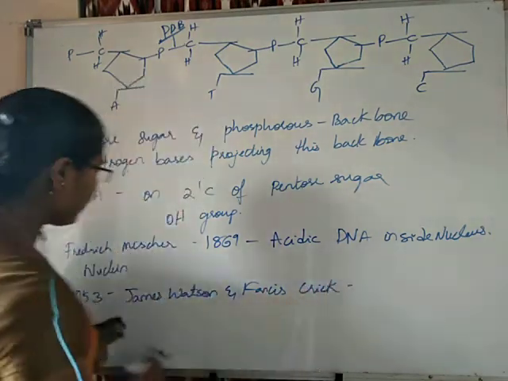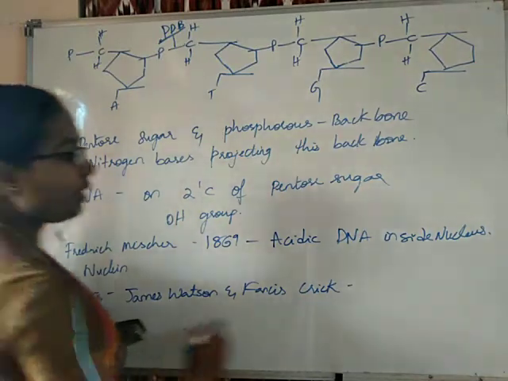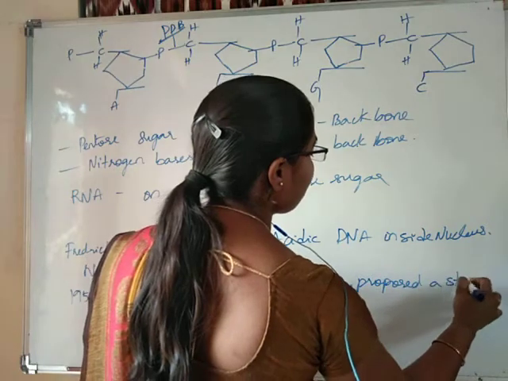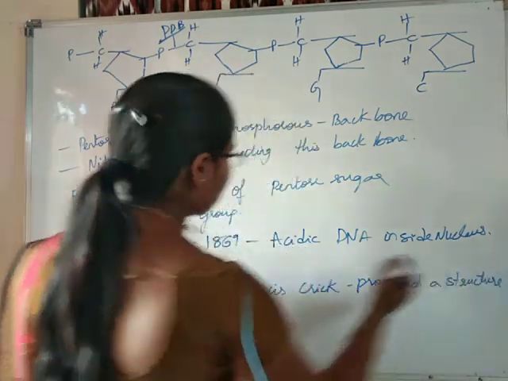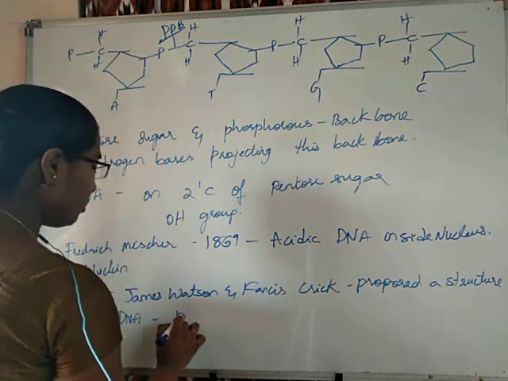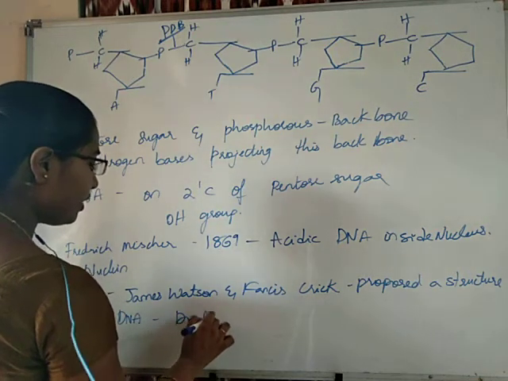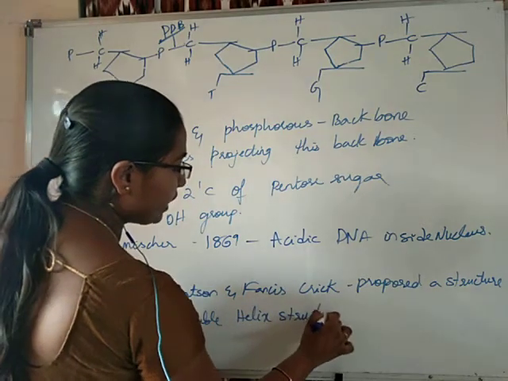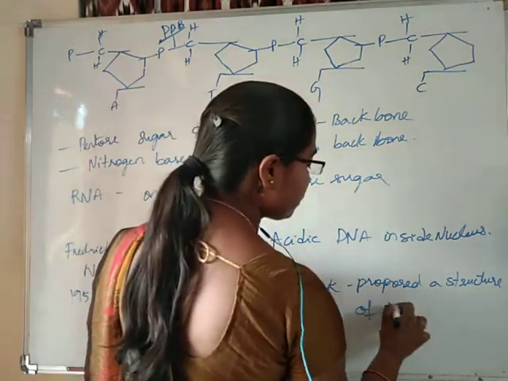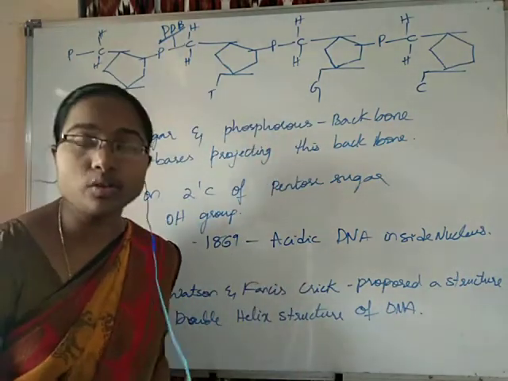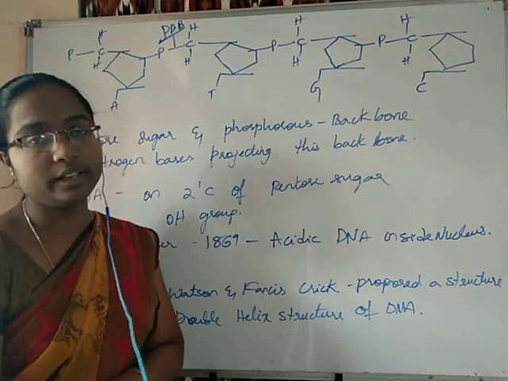These two proposed the structure of DNA in 1953. They proposed a double helix structure of DNA, which is the most accepted and most popular structure of DNA.